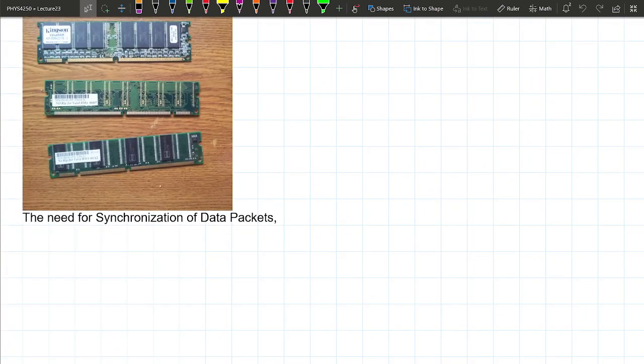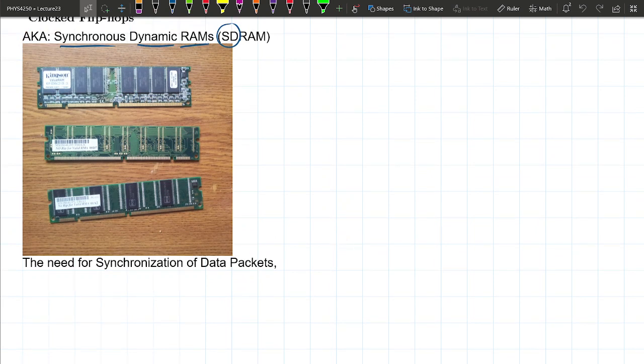Those of you who are not in CS may not be familiar with this. These are just some pictures of SDRAM. This one is actually the back end. These are SDRAM modules so that you can actually get information out of them.